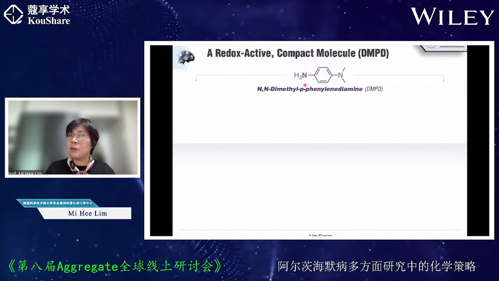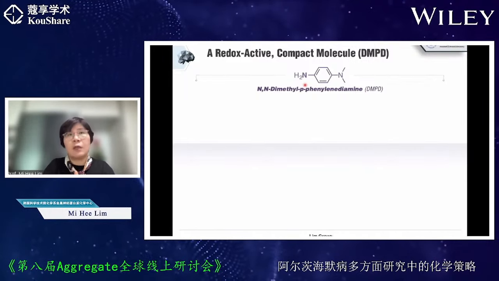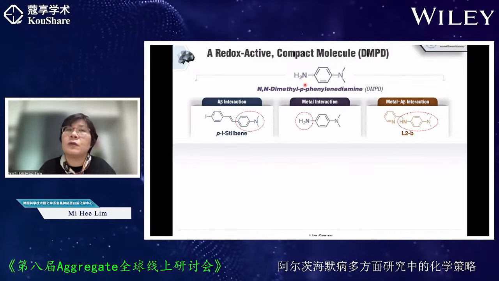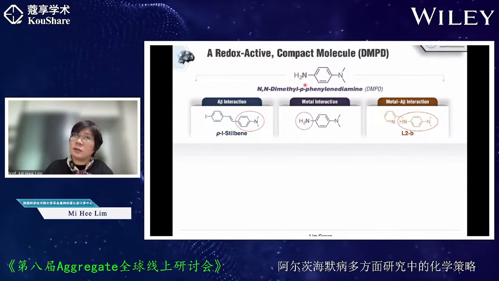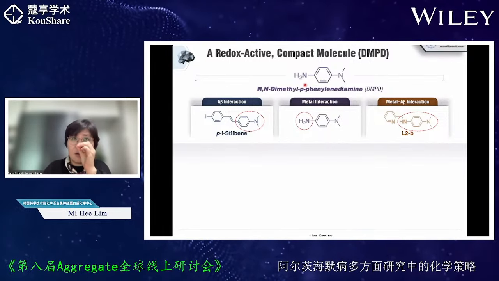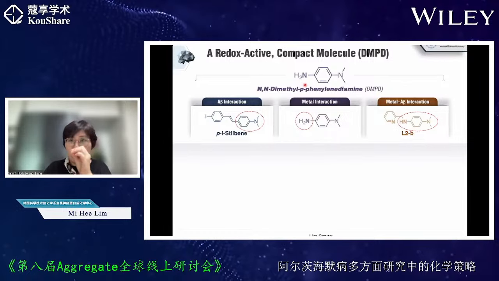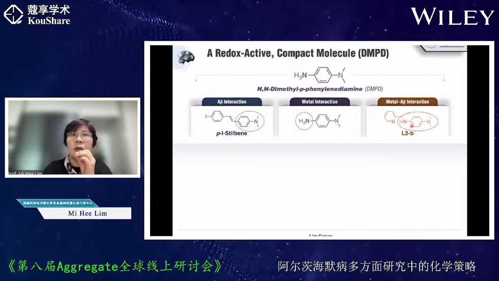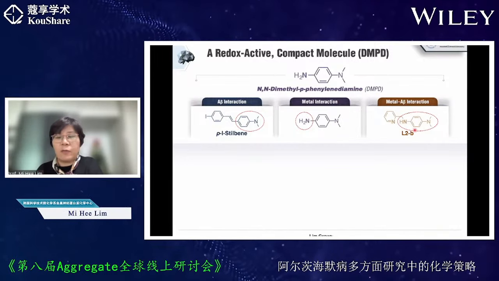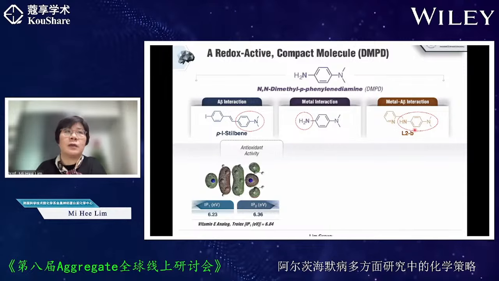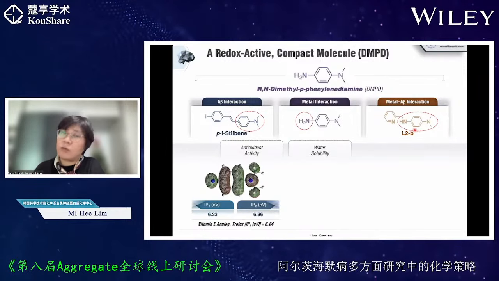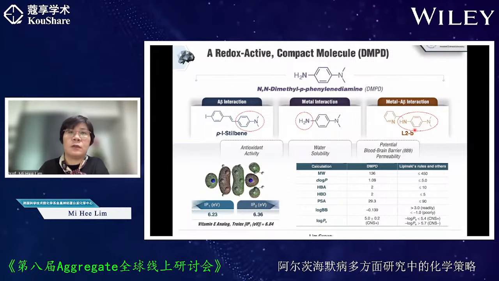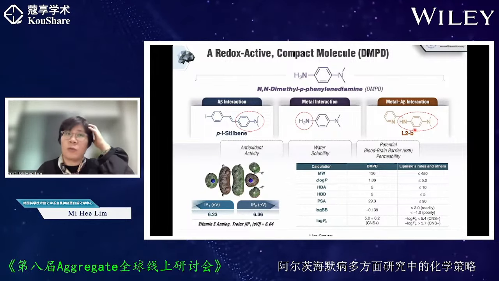Even though the structure of this DMPD is very simple, it includes the structure required for A beta interaction, metal interaction, and metal-A beta interaction. Not only that, DMPD is already known to be an antioxidant and relatively soluble in water. Our in vitro and in vivo studies suggest that DMPD can go into the brain.